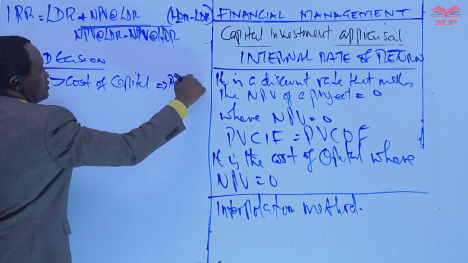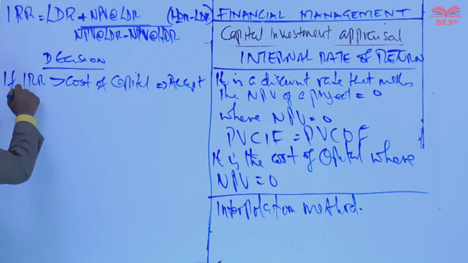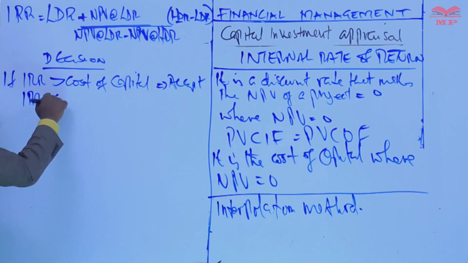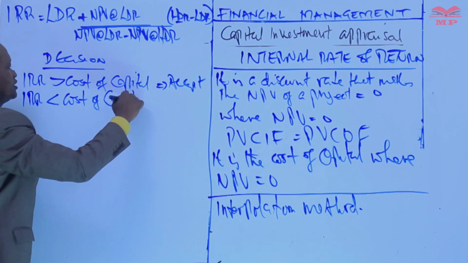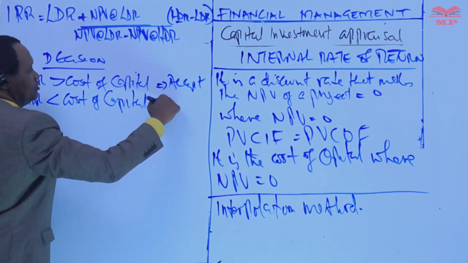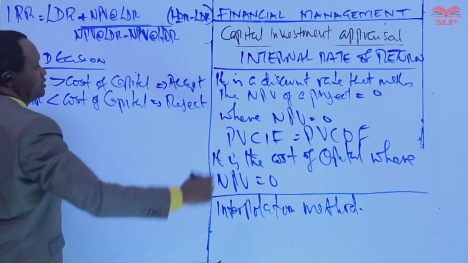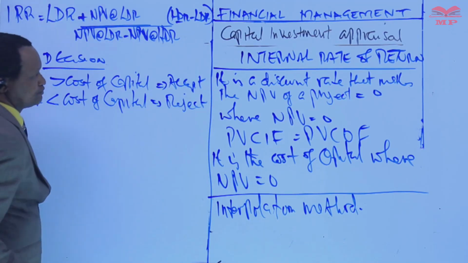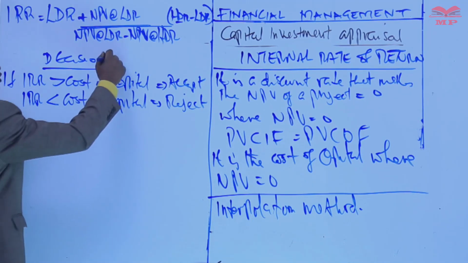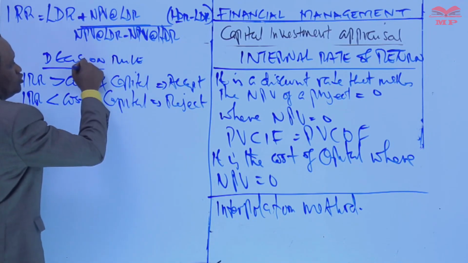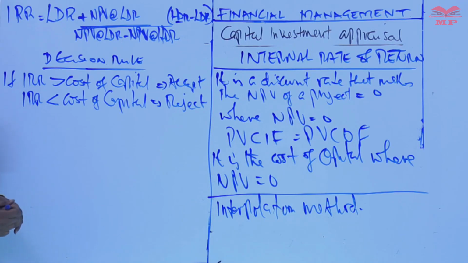Accept the project. But if IRR is less than the cost of capital of that project, then you reject the project. So that is the formula and the decision rule. Yes, Abraham, we use trial and error, the interpolation method.